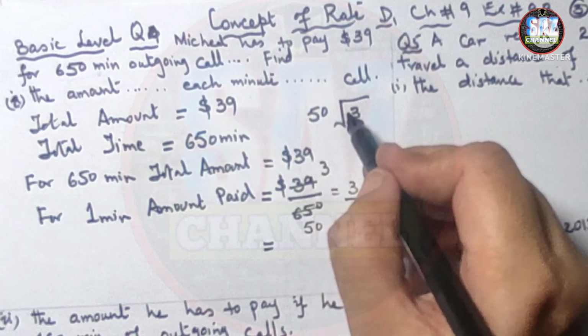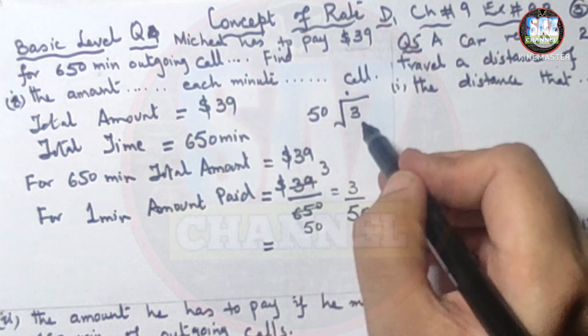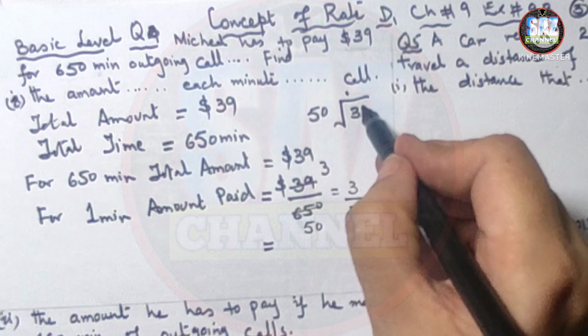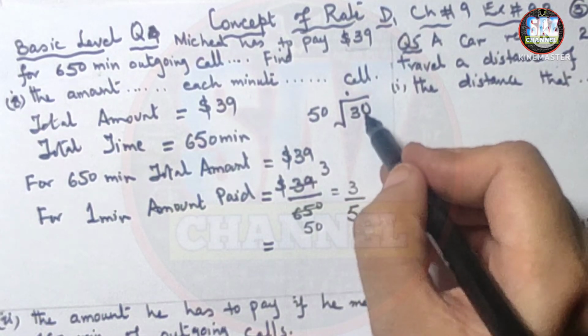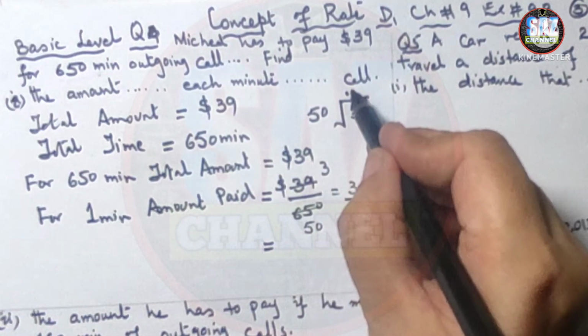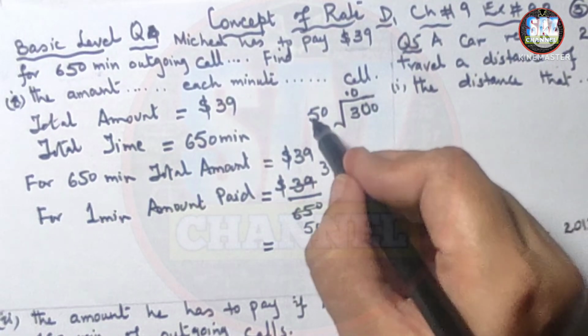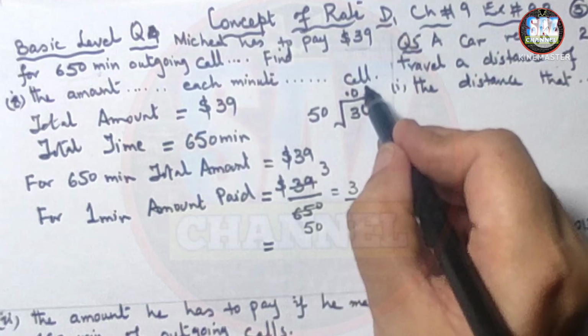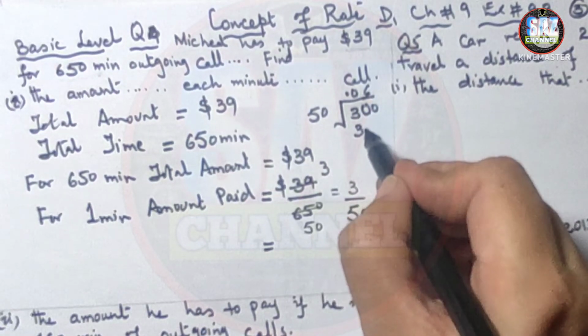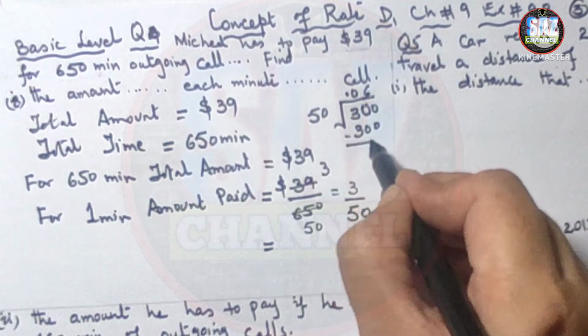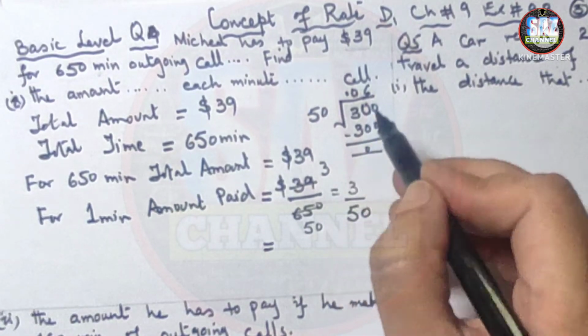Okay, so what we can do is put a decimal here, and then I can add a 0, but even now 30 is less than 50, so I can add another 0, and 5 times 6 is 30, so 50 times 6 is 300. So this remainder will be 0.